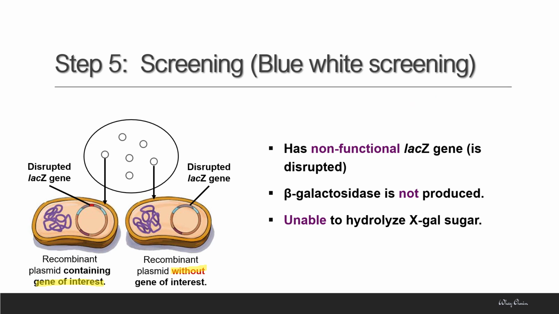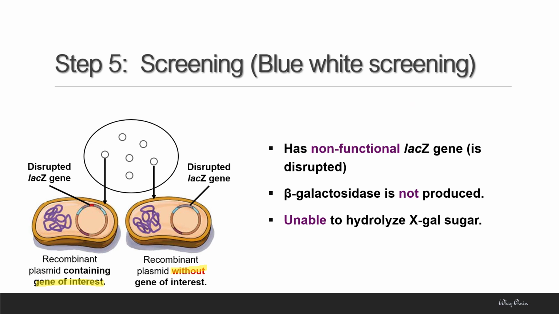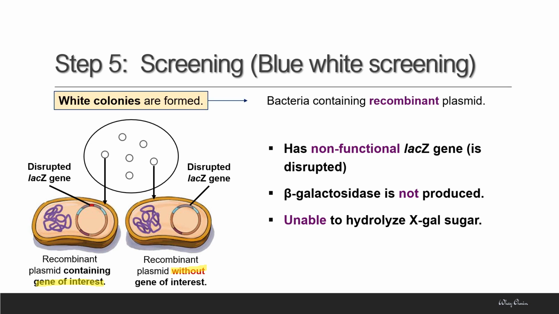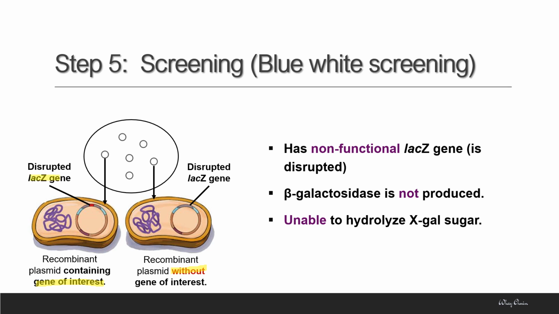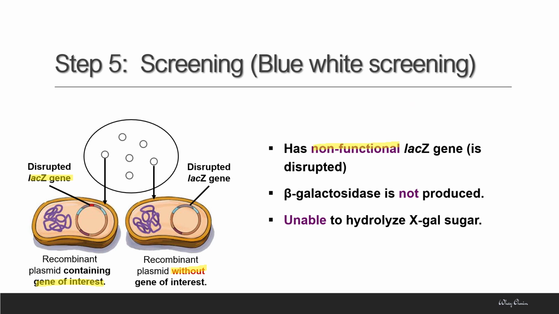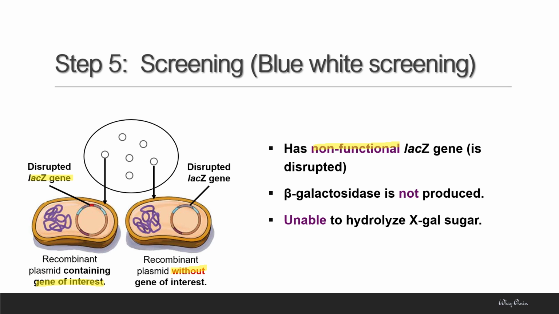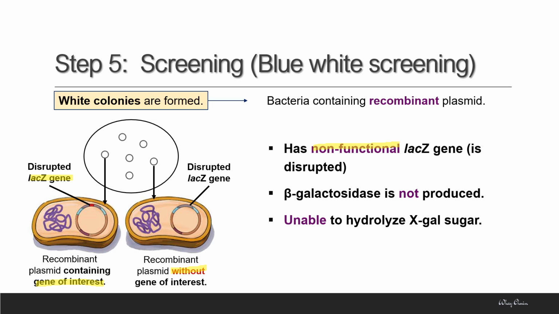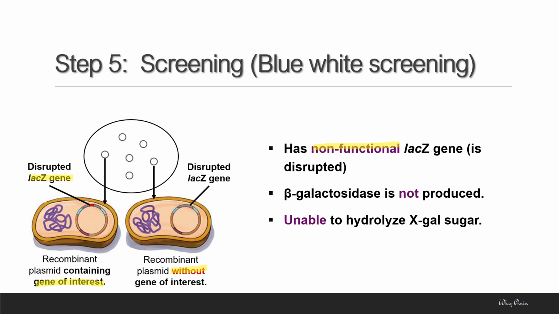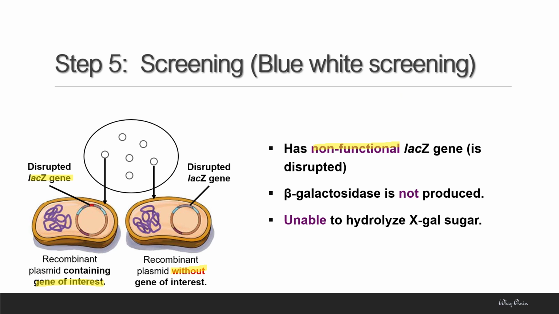No matter which type of recombinant plasmid it is, as long as it has been inserted into the cloning vector, it has disrupted the LacZ gene. The LacZ gene is non-functional because it cannot be transcribed successfully by RNA polymerase. So no mRNA production, no translation, and no protein encoded by the LacZ gene can be produced. The protein is actually the enzyme beta-galactosidase.